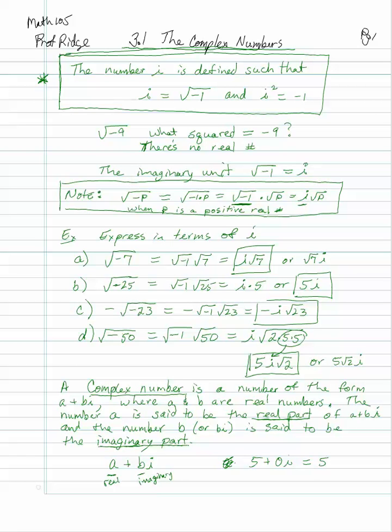So this is just a real number, but it's still considered a complex number. Now if a was 0, let's say you had 0 plus 3i, so you get 3i. This is still a complex number, but we say that's purely an imaginary number.